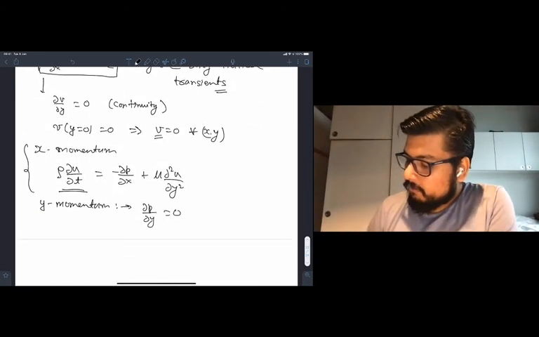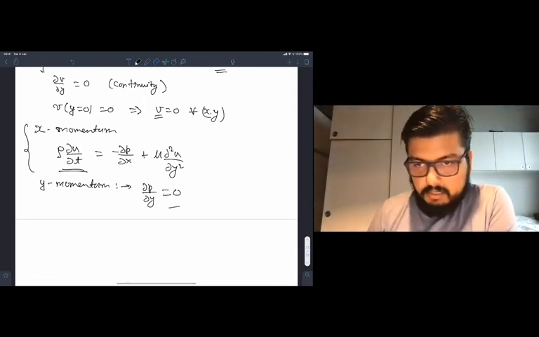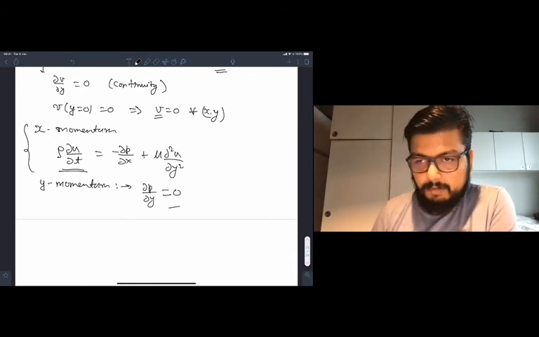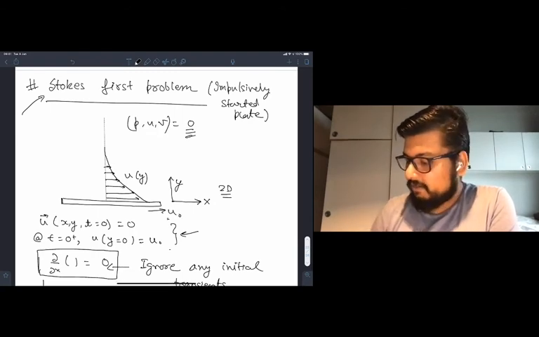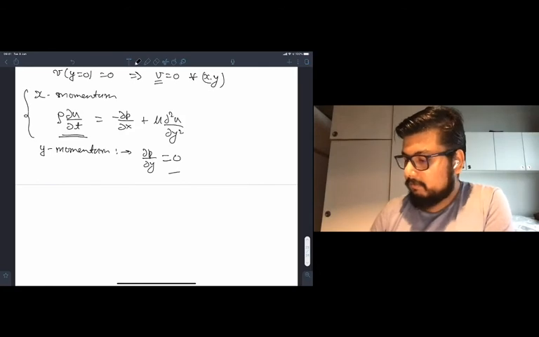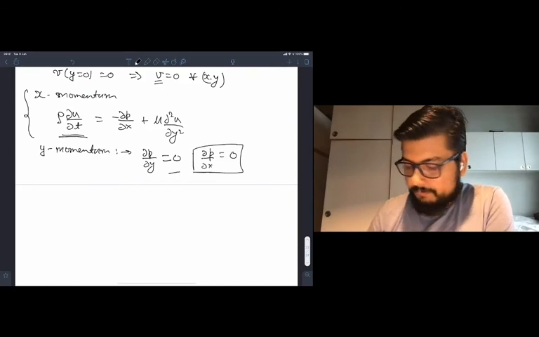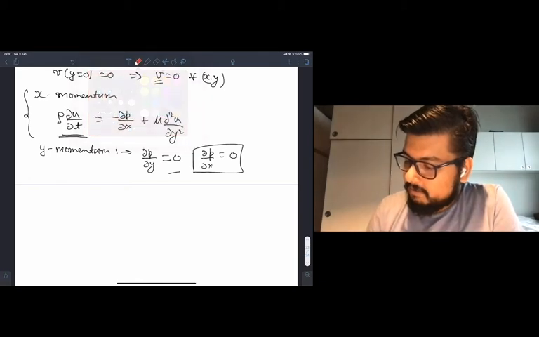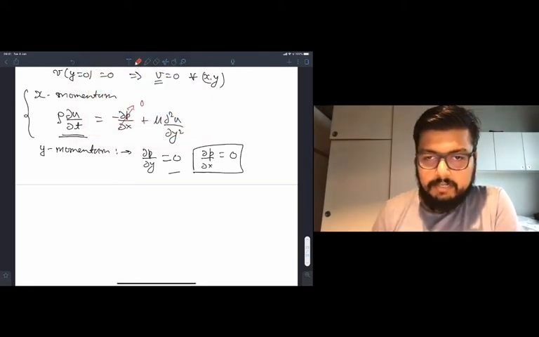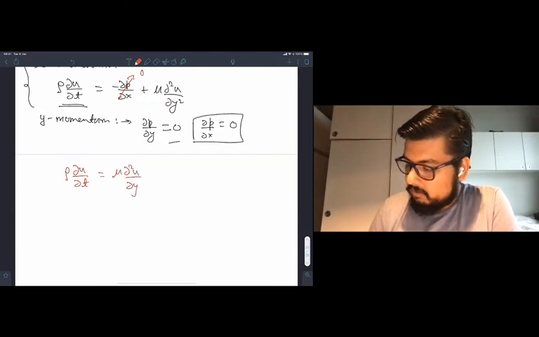Which means that del p by del y is 0 because of the y momentum equation, and the pressure is 0 far from the plate, and as it is an open system, the pressure gradient, del p by del x, will also be 0, since we are talking about an open container. So this makes our life a bit easy, because now this pressure gradient also goes off, and what we are left with is a simpler equation, which is this.